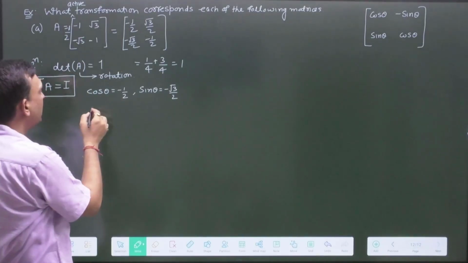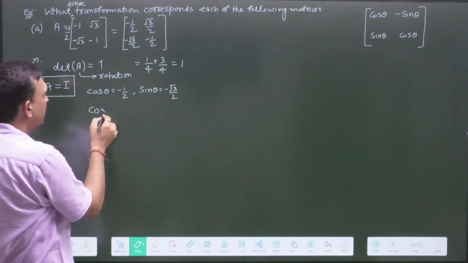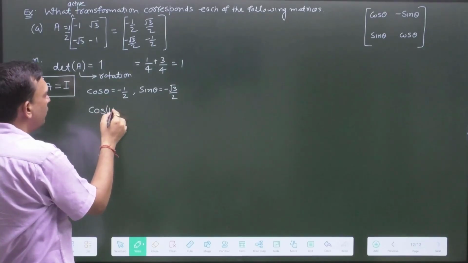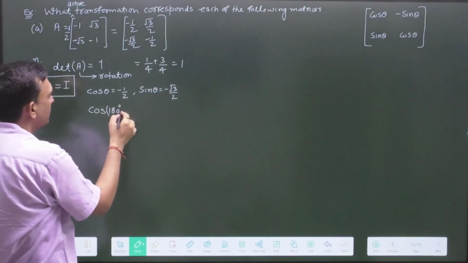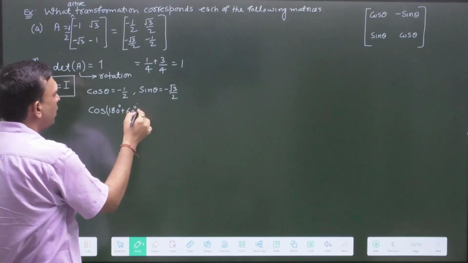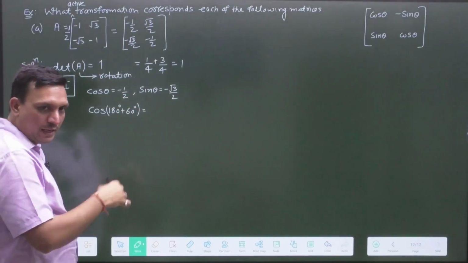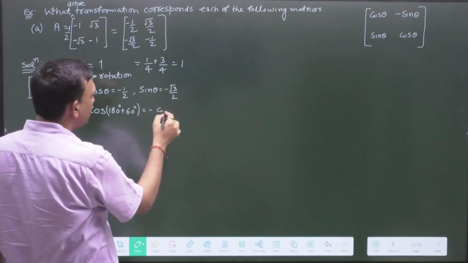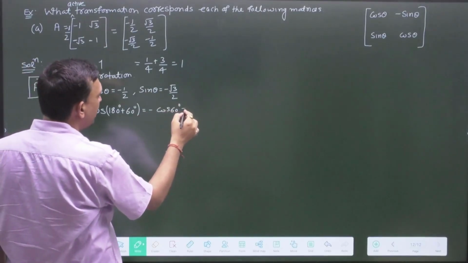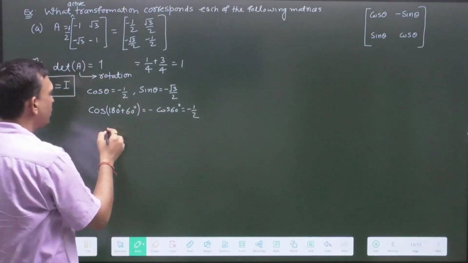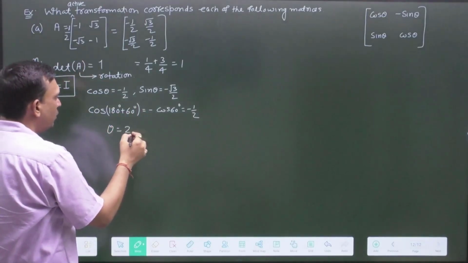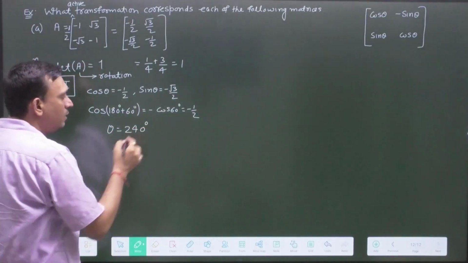Theta is 180 degree plus 60 degree. Cos of 180 plus 60 is minus cos 60, which is minus 1 by 2. So the positive theta value will be 240 degree.